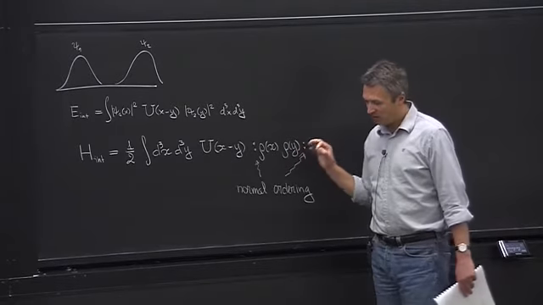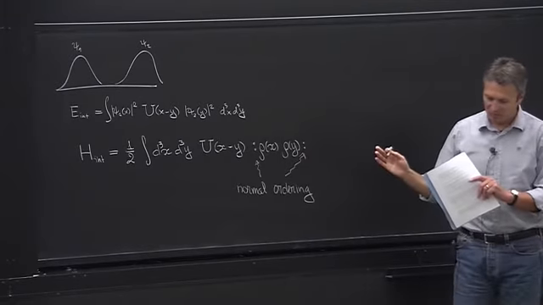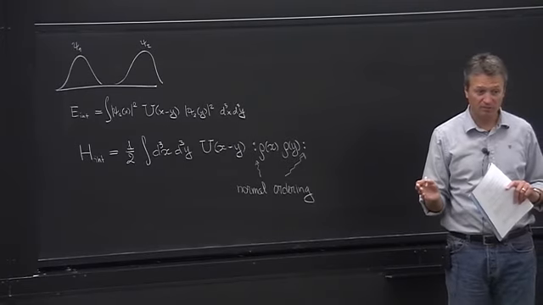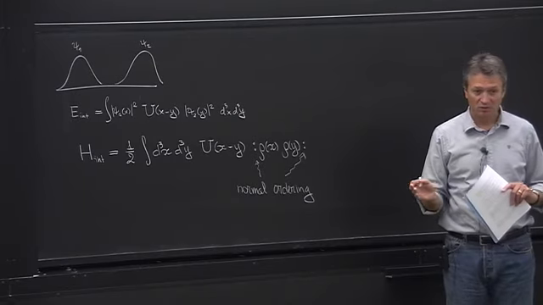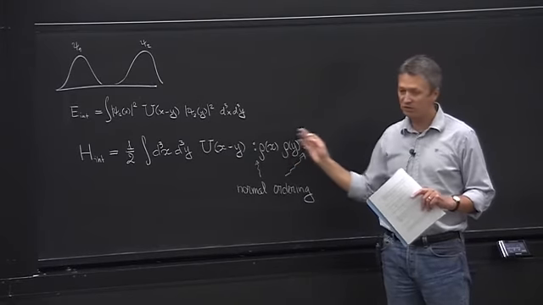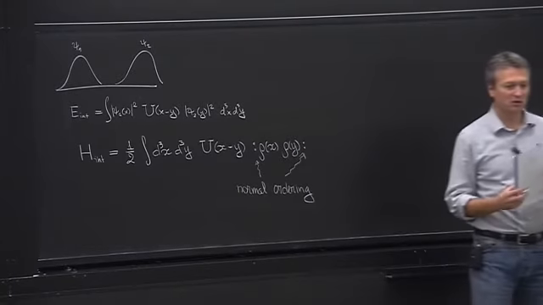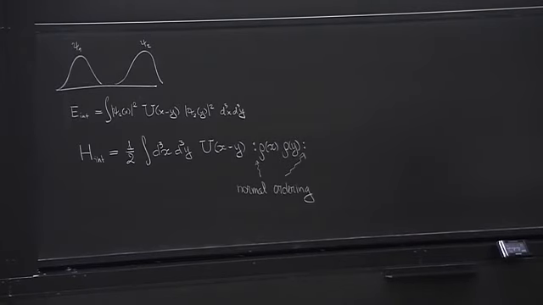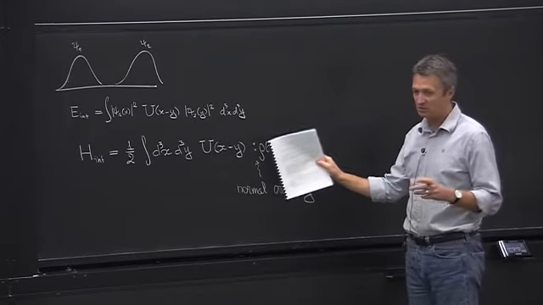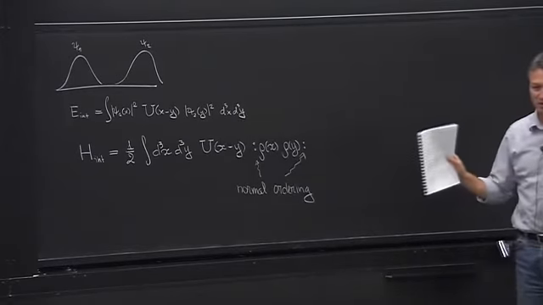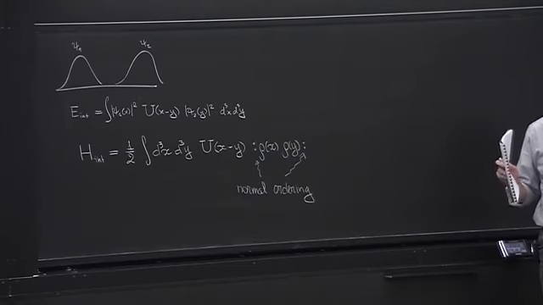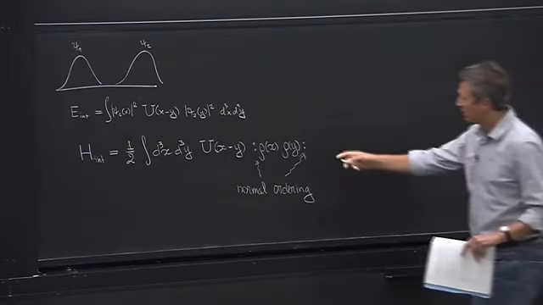Normal ordering prescribes us to put all creation operators to the left of the annihilation operators. So whatever stands in the middle, the normal ordered expression tells us that the operator has all psi daggers to the left of the psi's.